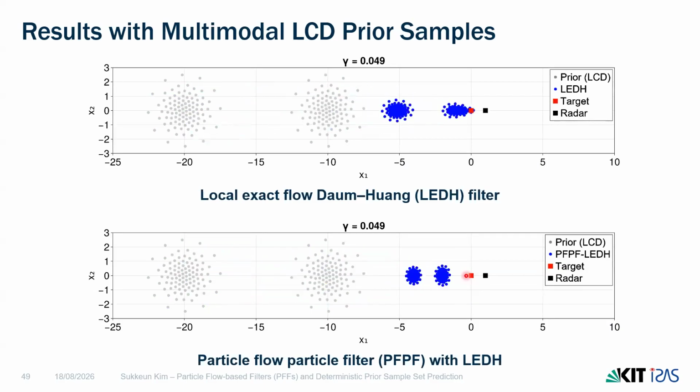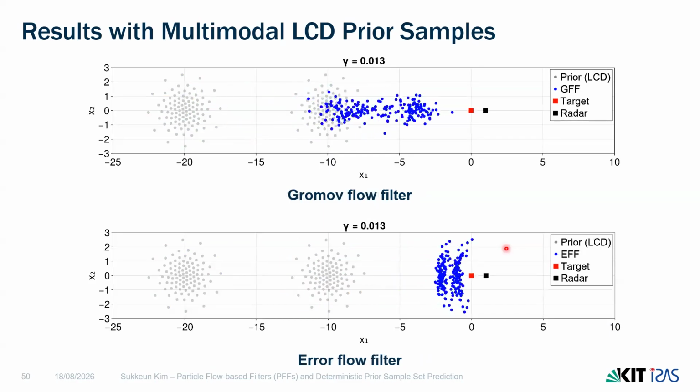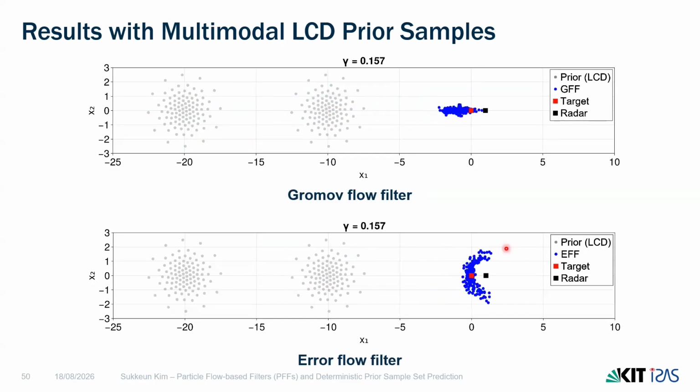LEDH, the local exact Daum-Huang filter, worked okay-ish as well, but again the problem is they didn't merge into one. And the particle filter again shows too small an uncertainty, which is not ideal. Gromov flow and the exact flow filter work okay.